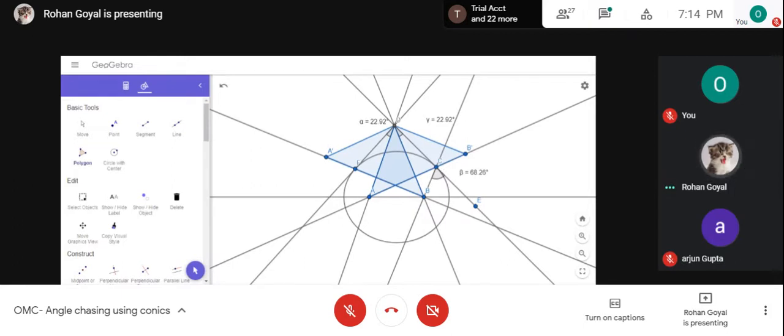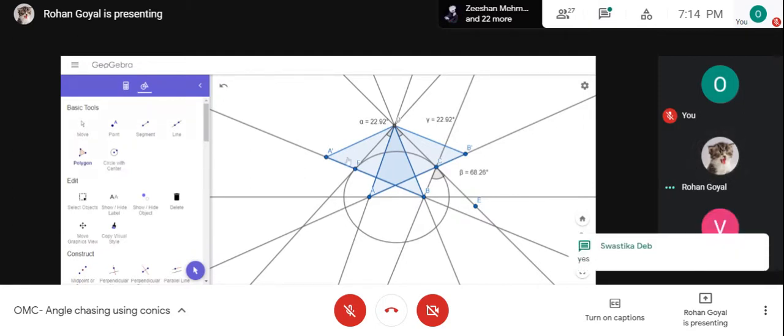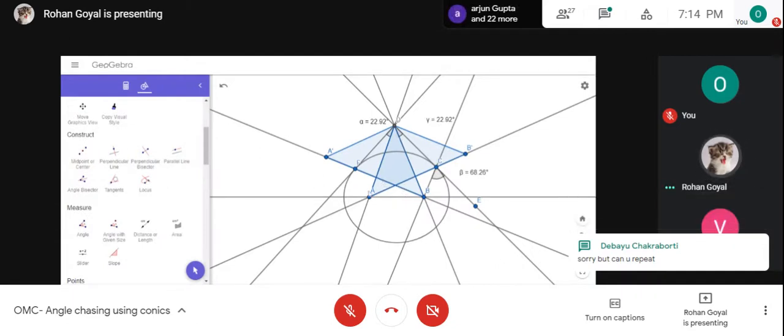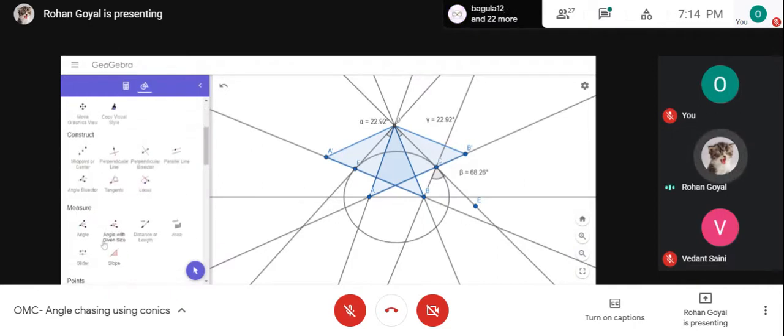Does everyone follow? Yes. Okay, great. Now the other claim of the angle bisector: I'll repeat. Observe that. Do you see why the congruency is true?